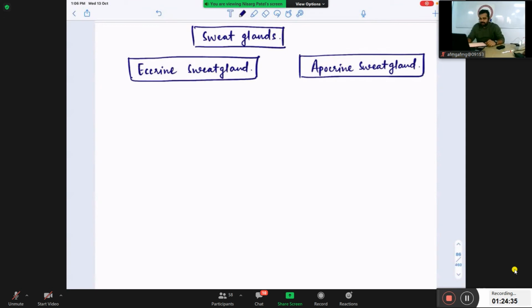Eccrine sweat gland and apocrine sweat gland. The difference is, the eccrine gland directly opens on the skin surface.